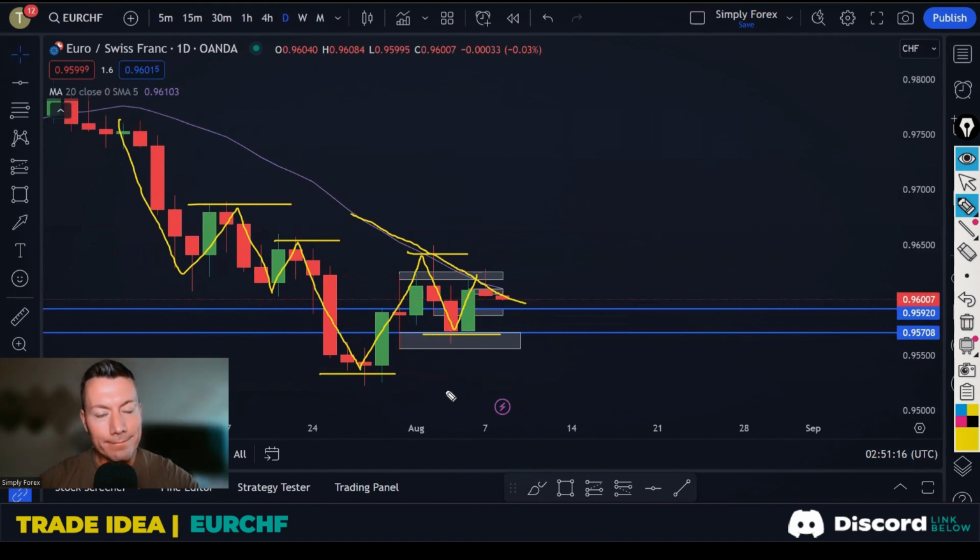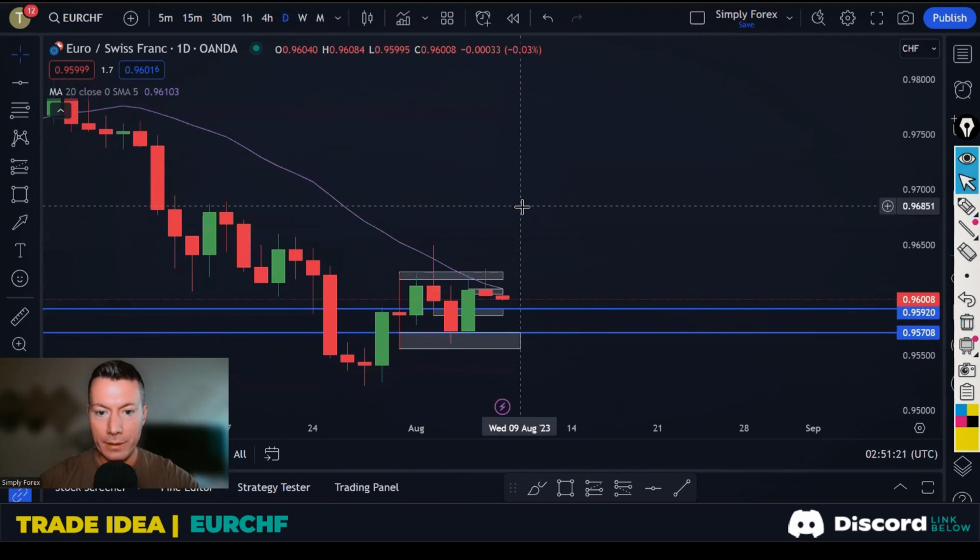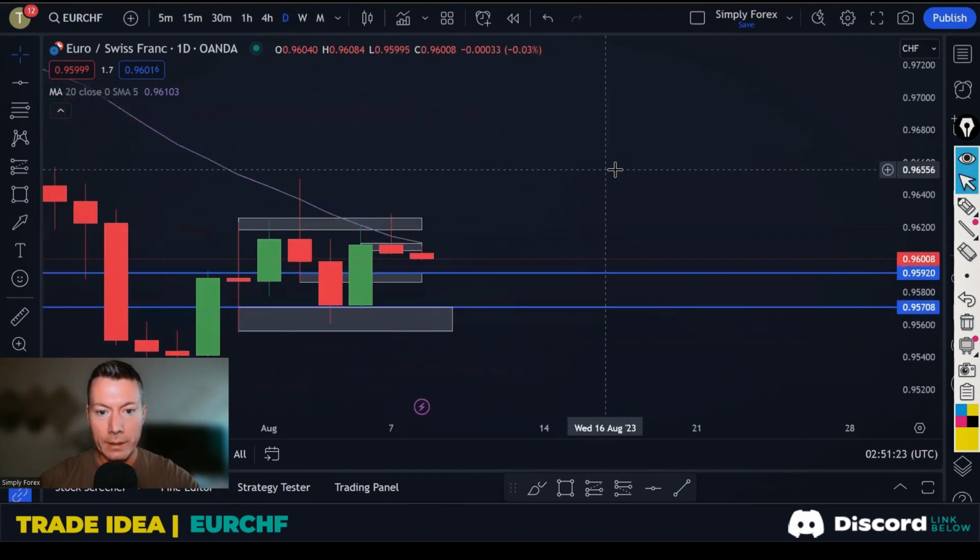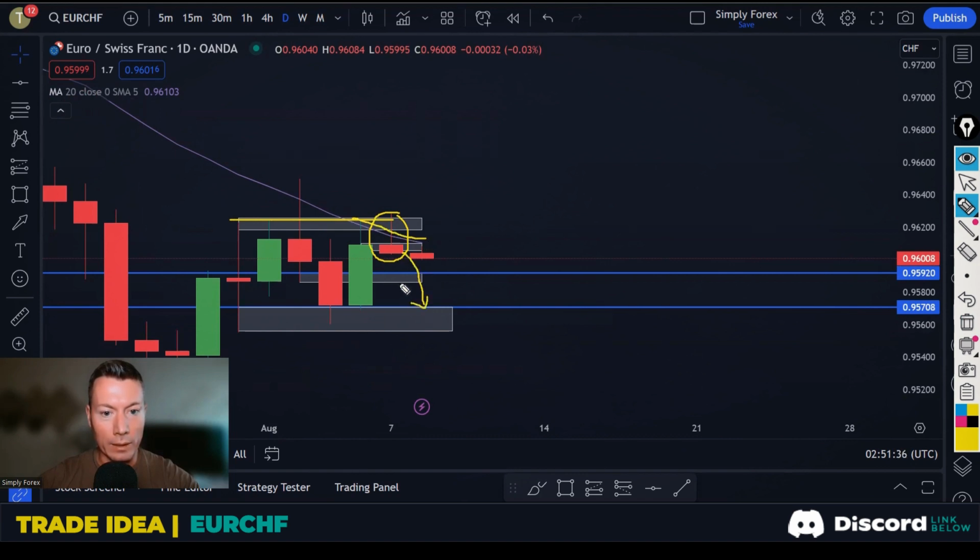So there is that to consider. But I think we still have room for a trade. So a bearish reaction again at these highs here, and at this moving average 20, I think we can take price potentially back down to one of these blue lines, my higher time frame targets.